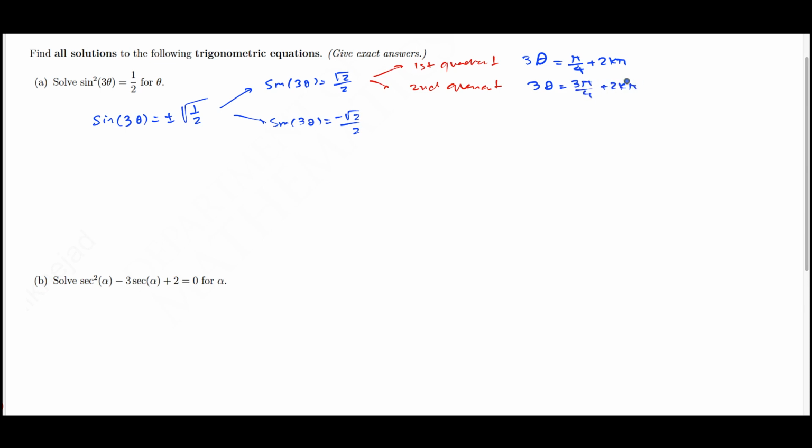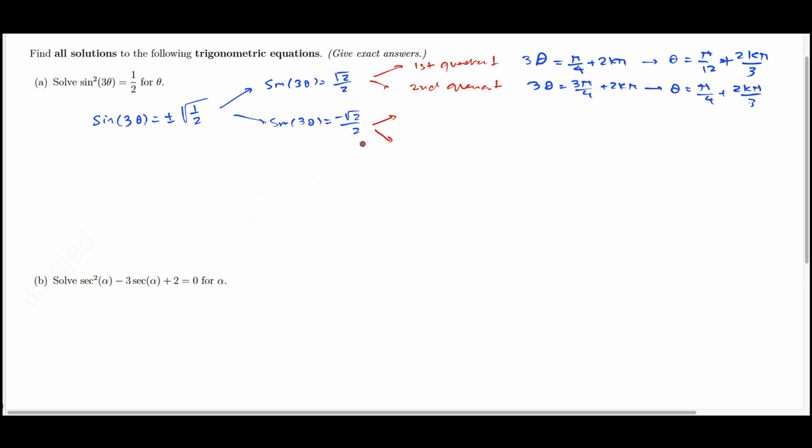Your last step should be solving for theta, that is dividing every term by 3. So theta equal to pi over 12 plus 2k pi over 3, and theta equal to pi over 4 plus 2k pi over 3. And that was just the first solution to sine.